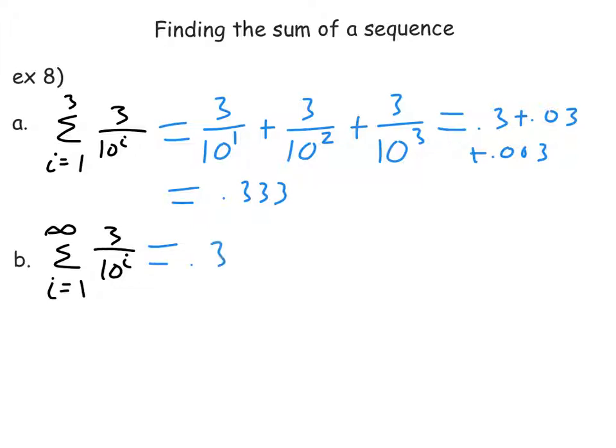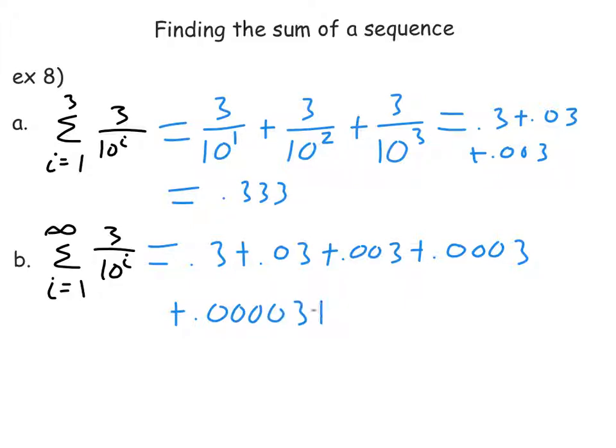So if we keep following this pattern that basically every time we take 10 to a higher power, here's the first 3 that I found. The fourth term would be to add 0.0003. The fifth term would look like that, right? And this would just continue.